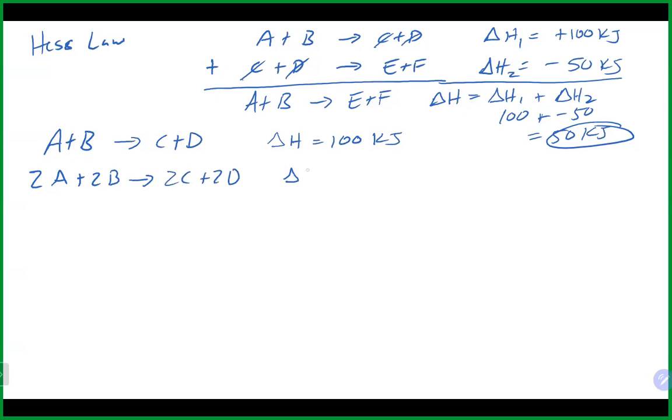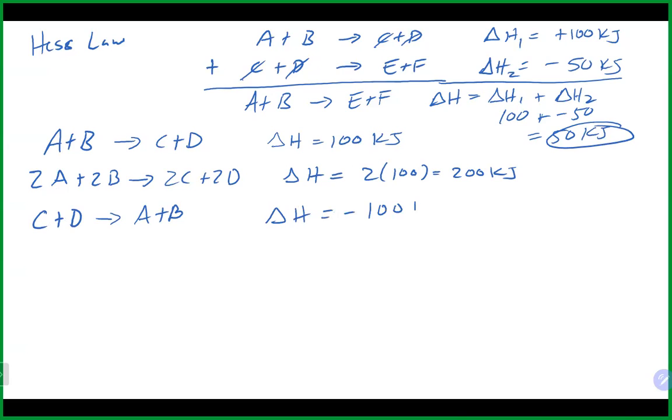And what that does to the delta H is we would also multiply the delta H value by 2. And for this reaction, it would be 200 kilojoules. If we needed to reverse the reaction, maybe we need C and D on the other side, and we need A and B on the product side, when we reverse the reaction, we change the sign of delta H, so it would become negative 100.